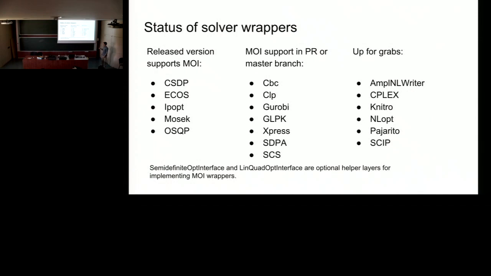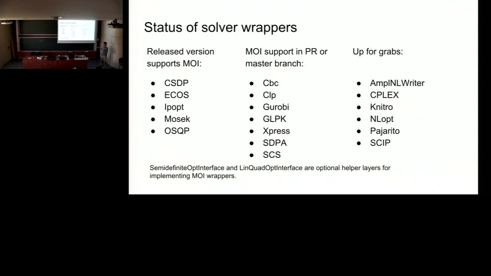If you start digging through these wrappers, you'll see two packages called SemidefiniteOptInterface and LinQuadOptInterface. These are basically helper APIs, given that Gurobi, CPLEX, and Xpress have such common C APIs.